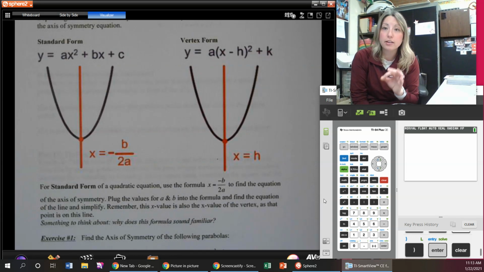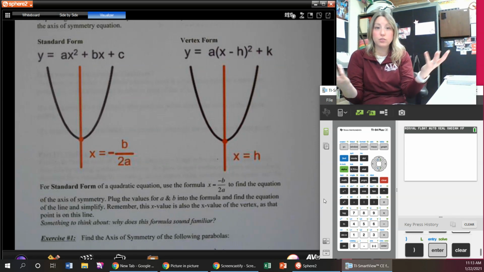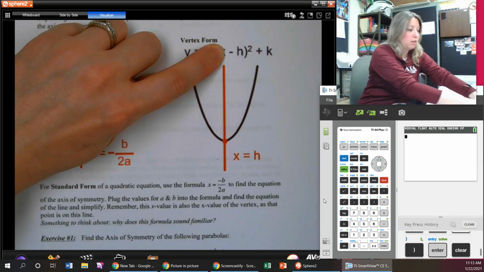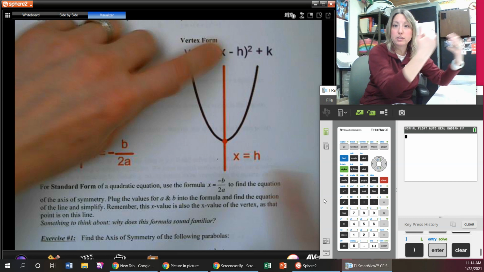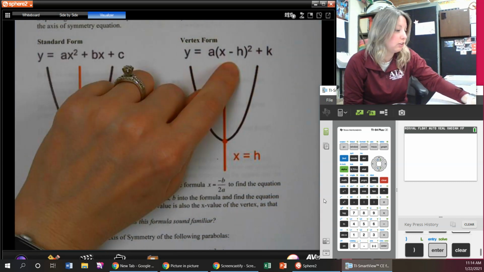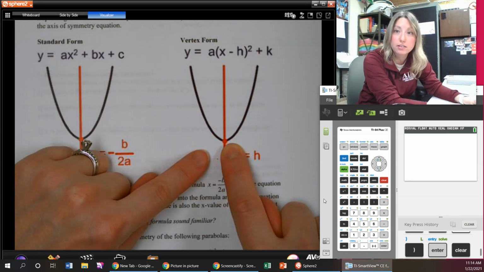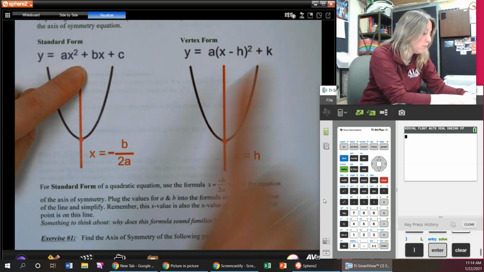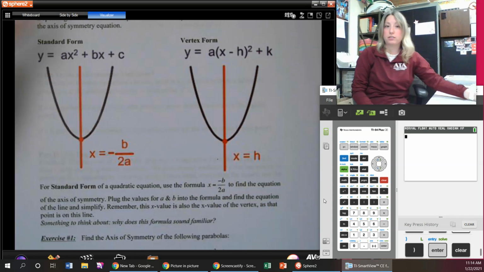If your quadratic function is in vertex form, the axis of symmetry is just the opposite sign of what's in here. So this is a minus h here, and you pull out the positive version, the opposite sign of what's in there, because the vertex is h comma k in parentheses, and that's this point right here. That's why we call this vertex form. So for standard form, use this for your axis of symmetry. For vertex form, use that opposite sign.